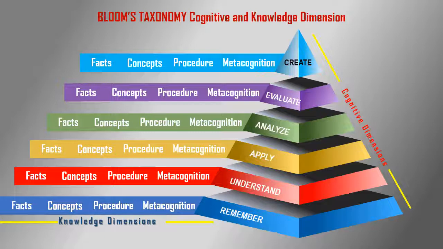On the pyramid side, you have remember, understand, apply, analyze, evaluate, and create. As I said, you remember facts, concepts, procedures, and metacognition. You understand facts, concepts, procedure, metacognition up the pyramid.